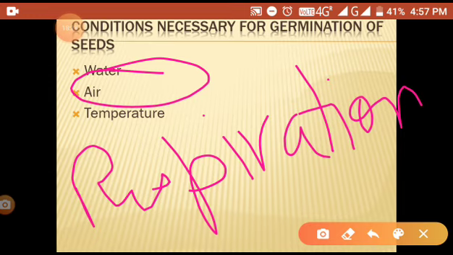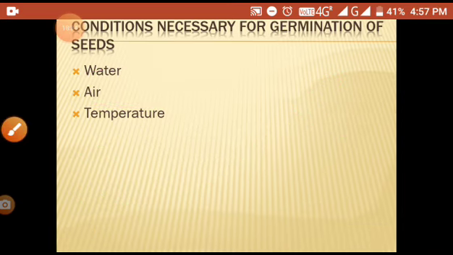If energy is not there, then the seed cannot mature and cannot stay in the living stage. It will die. The next one is temperature. Seeds require an optimum temperature to grow properly. The favorable temperature for the germination of most seeds is 35 degrees C to 40 degrees C.